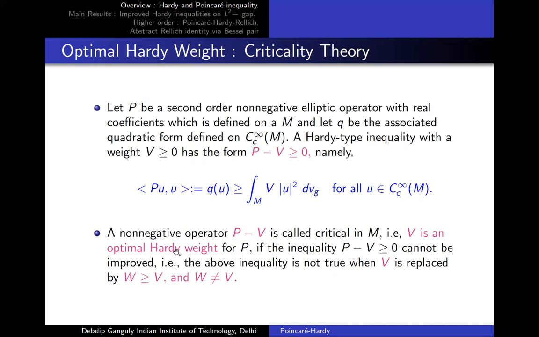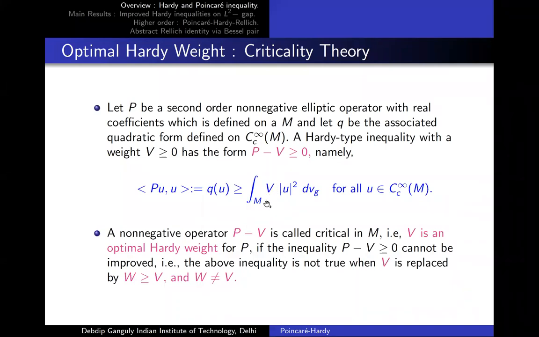So the definition is: a non-negative operator P minus v is called critical in M. That is, we call v an optimal Hardy weight for the operator P if this inequality cannot be improved with some w which is greater than or equal to v and w is not equal to v.